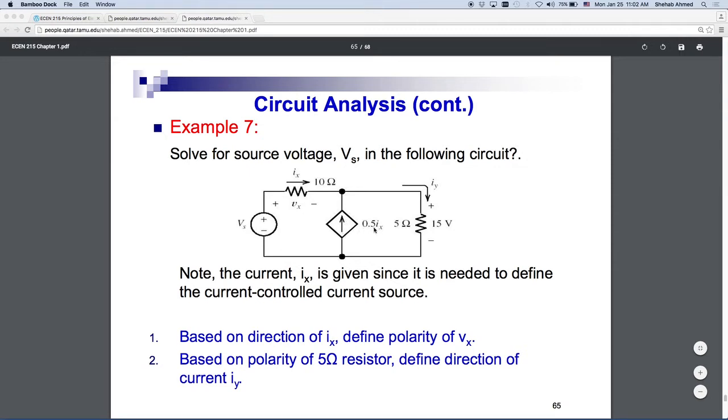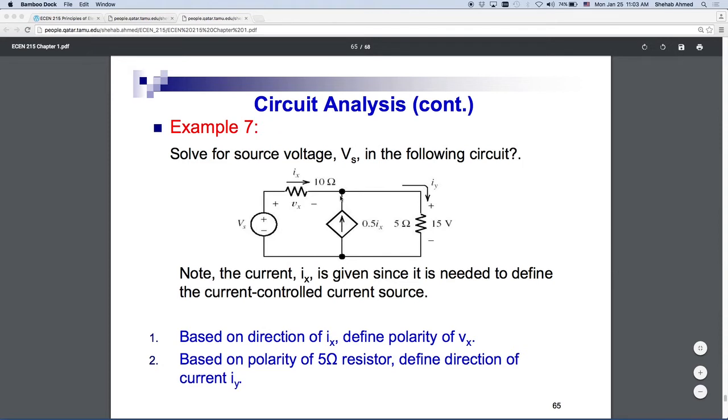But if Ix happens to be negative, what does this mean? Then in reality the current is flowing in the other direction, right? So it will depend on what we find Ix equal to. We don't know yet. But we know that this is just a dependent current source pushing current into this node. This is a junction now of your fluid circuit.